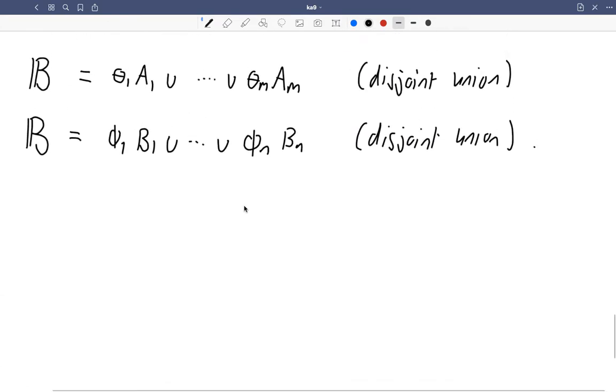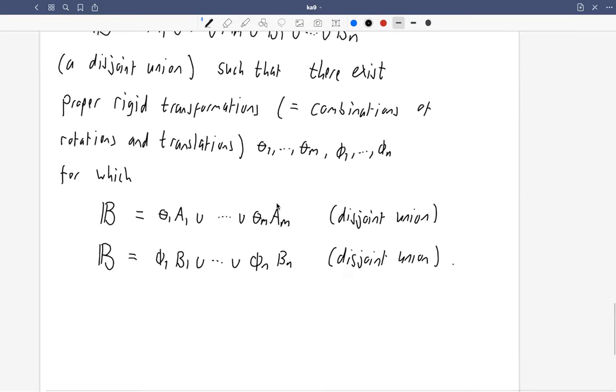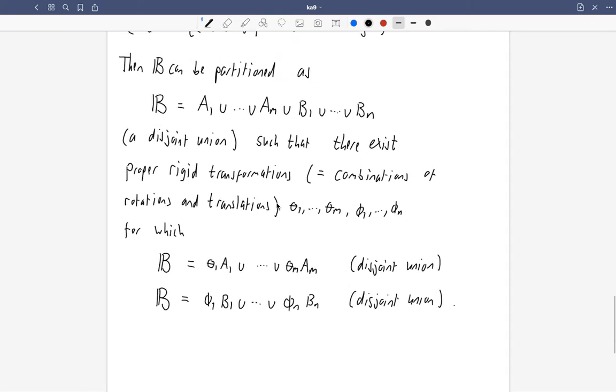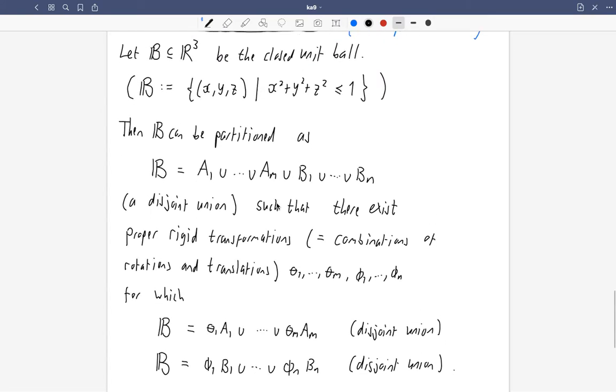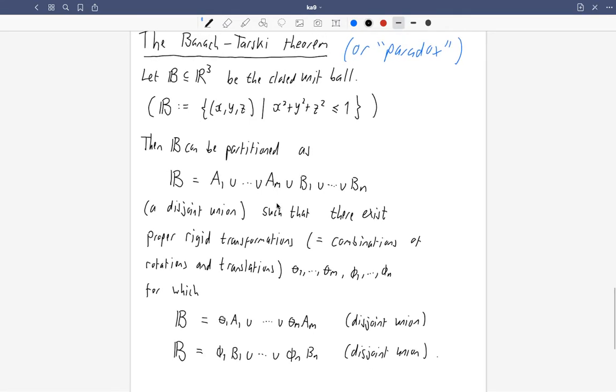So let me remind you what the Banach-Tarski theorem says, and it really is a strange theorem. It says that the unit ball in three-dimensional space, that's the closed ball of radius 1, can be partitioned into a finite number of pieces, so that half of those pieces, the A pieces, can be collected together, and each one of them subjected to a proper rigid transformation.